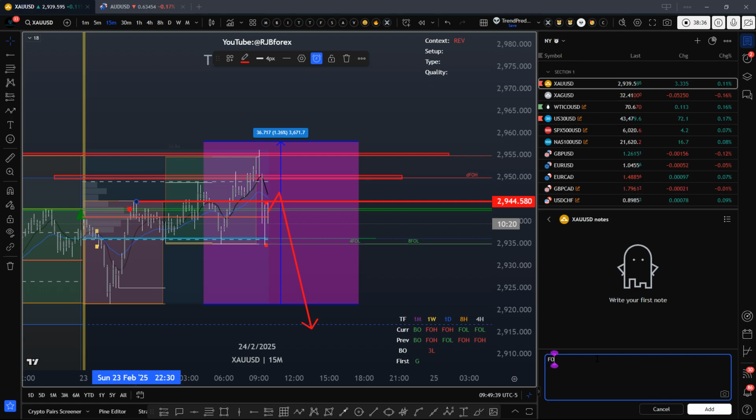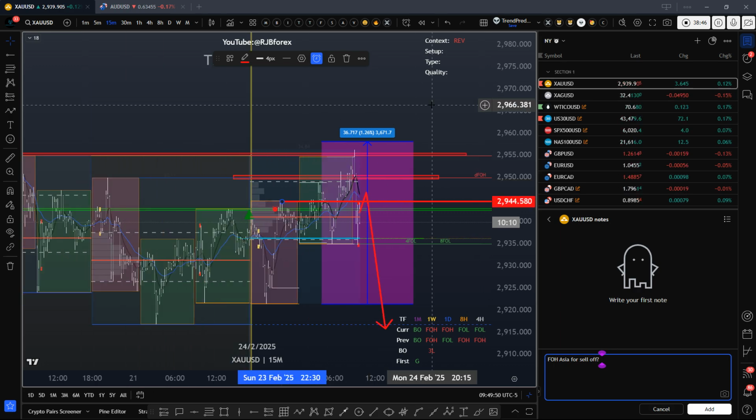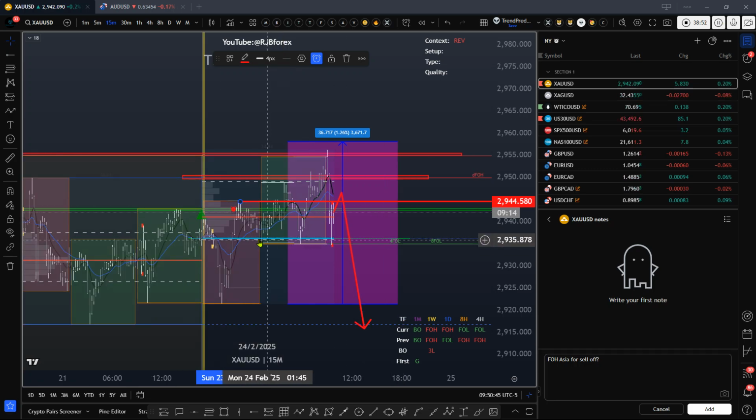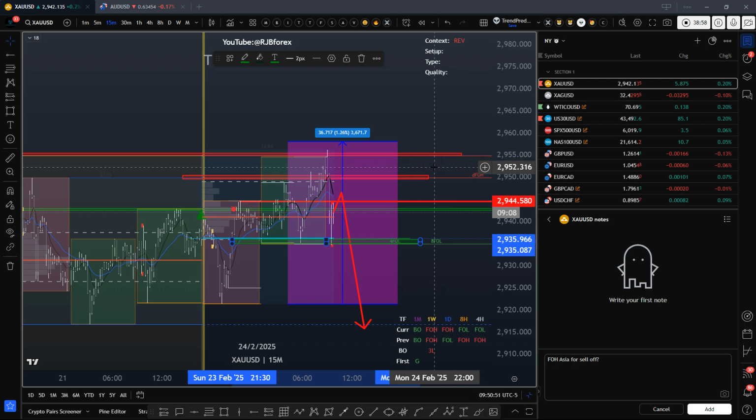So fake out high Asia for sell off. Parabolic session. Having said that, I don't really like the support at the closing price here, I'm afraid. So that might make it removed from the watch list.